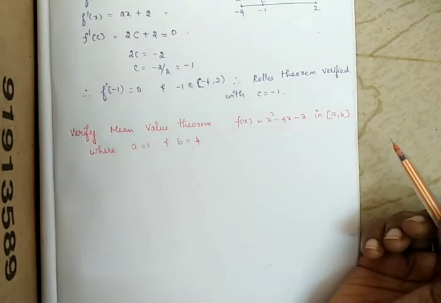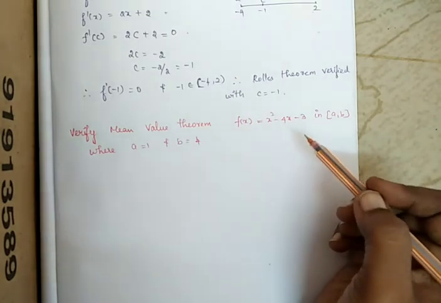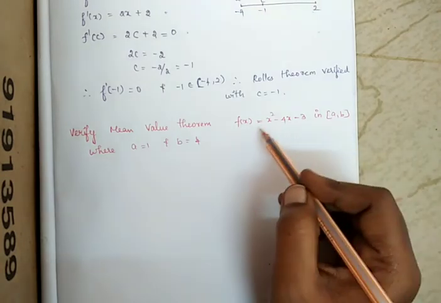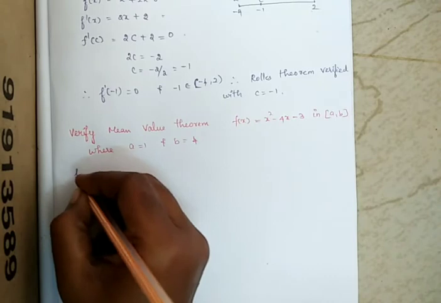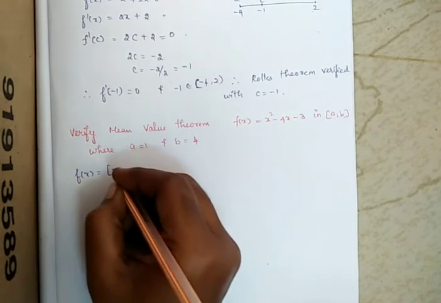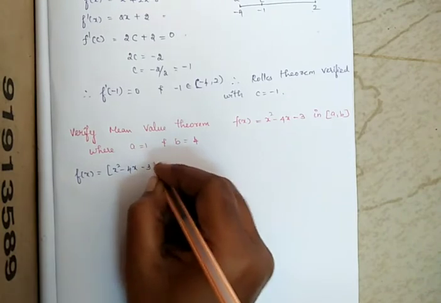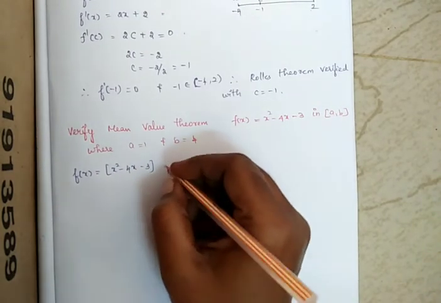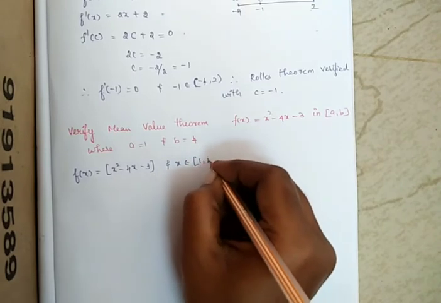Now first let us check whether the function is continuous as well as differentiable or not. Now the given function is a polynomial function. See, f of x is equal to x square minus 4x minus 3, and x should belong to closed interval 1 comma 4.